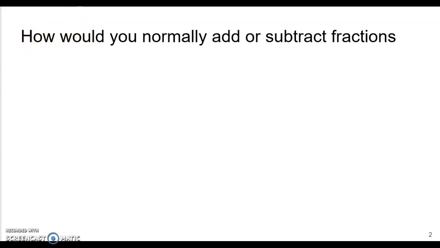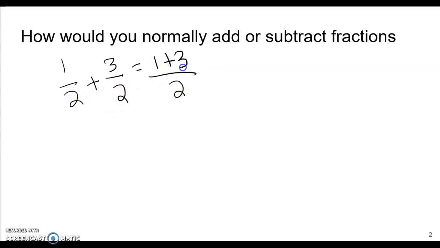So if I were to normally give you a fraction, how would you add this? So they have common denominators. So the denominator stays as 2, and then I add the numerators, and then I simplify what I can.